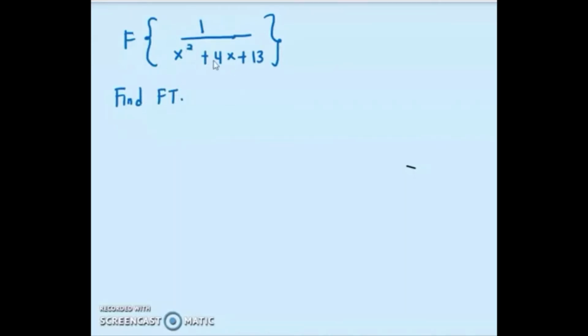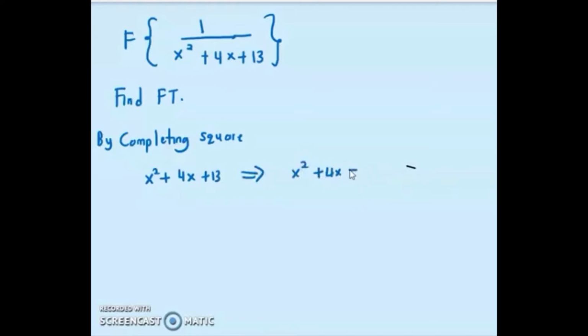Now we want to find the completing square of x squared plus 4x plus 13. Now what do we have? We have x squared plus 4x plus 4 over 2 squared, plus 13 minus 4 over 2 squared.